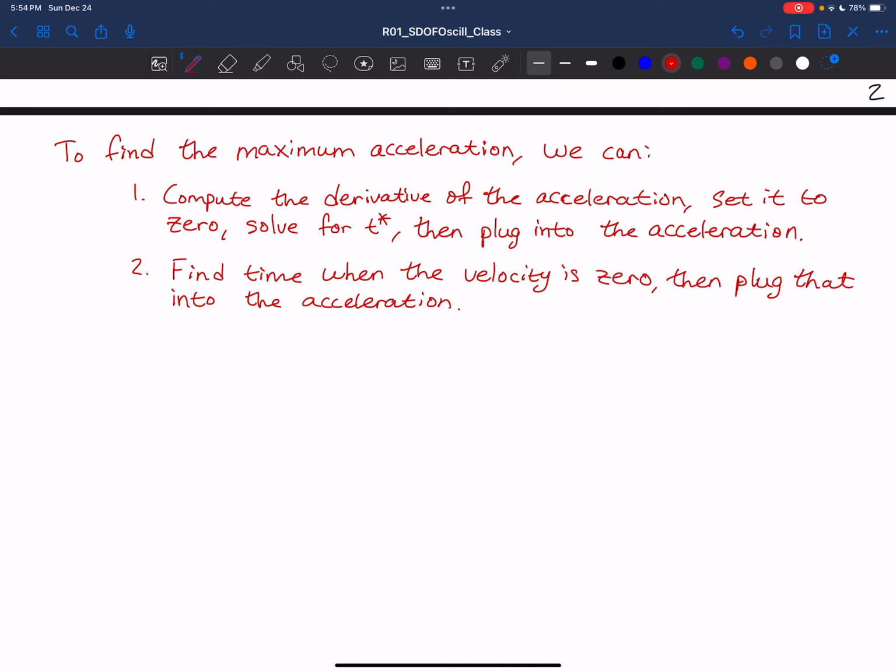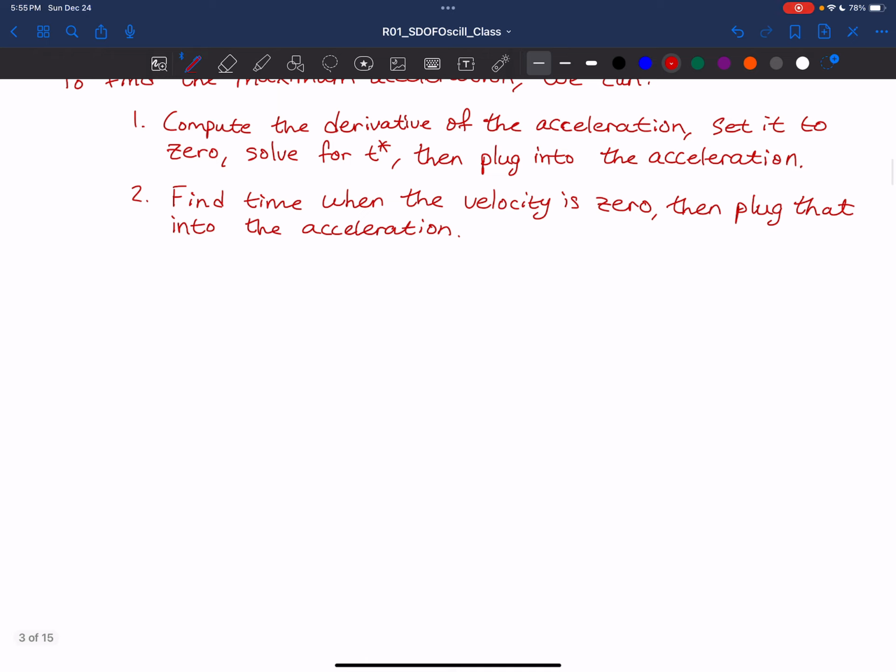We're going to go through approach 2, and then we're going to use that to find our maximum acceleration. And then I'll show you that approach 1 ends up being the same as approach 2, except that we save some time by doing approach 2. All right, so approach 2.